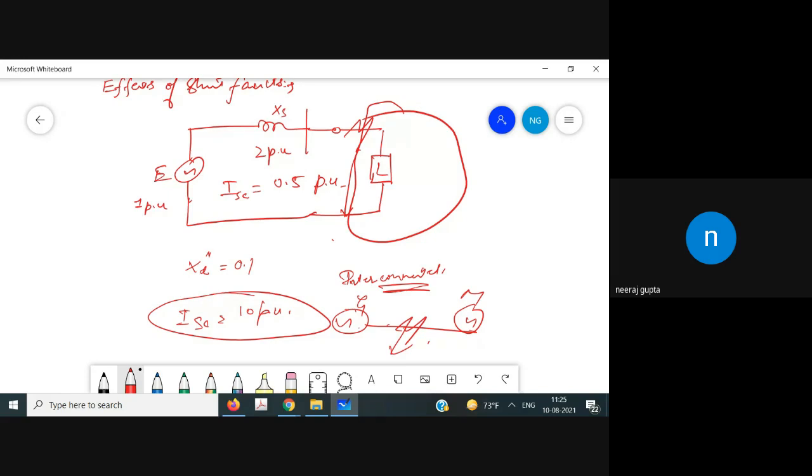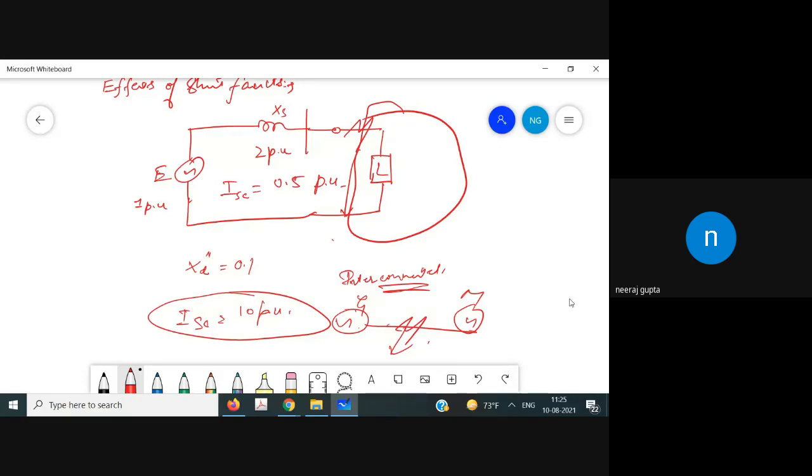Because of this interconnection, all the generators will contribute towards the fault current, building up its value to 10 times the normal full load current. So this is the issue with interconnection, because all the sources which are connected will feed that fault current.